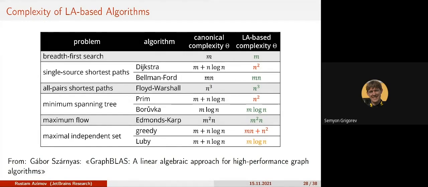For example, I can build an algorithm for single source shortest path which has m times n time complexity, like Bellman-Ford.